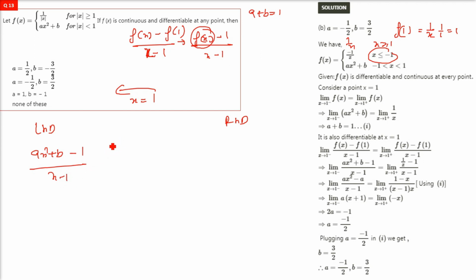On the right, what do you get? The limit extends to 1 minus and 1 plus have to be written by you. On 1 plus, you have 1 by x minus 1 divided by x minus 1.